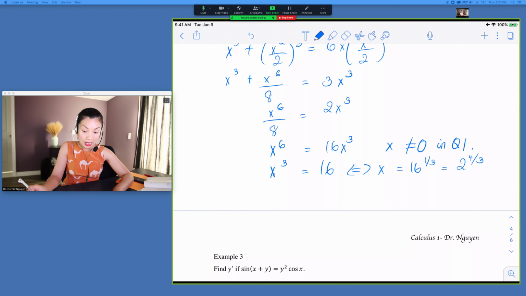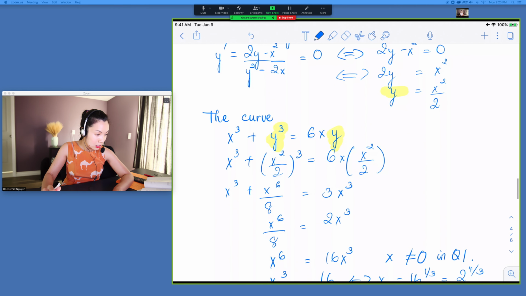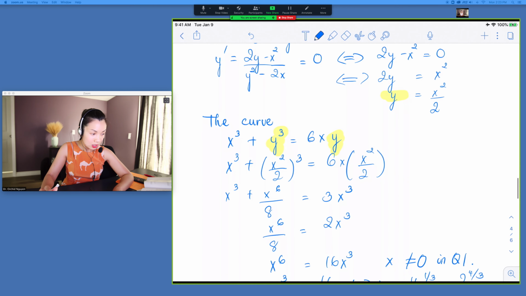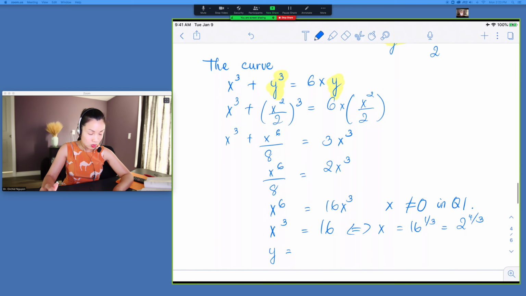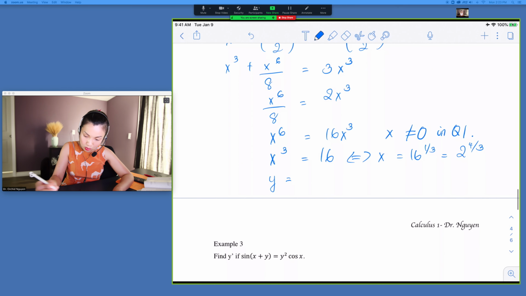Okay. Now, let's solve for y. So y, don't forget, y is x squared over 2. So 1/2, that's over 2. And then we have x squared.